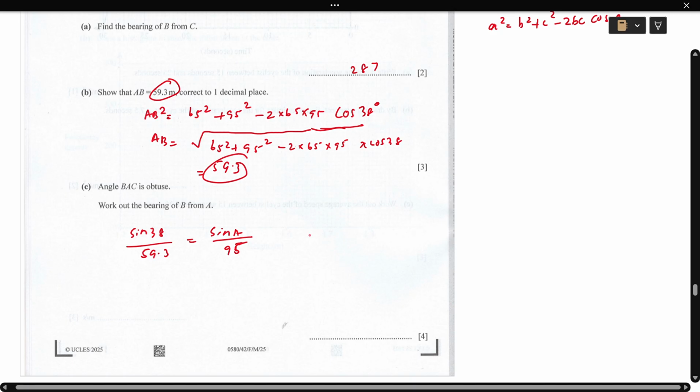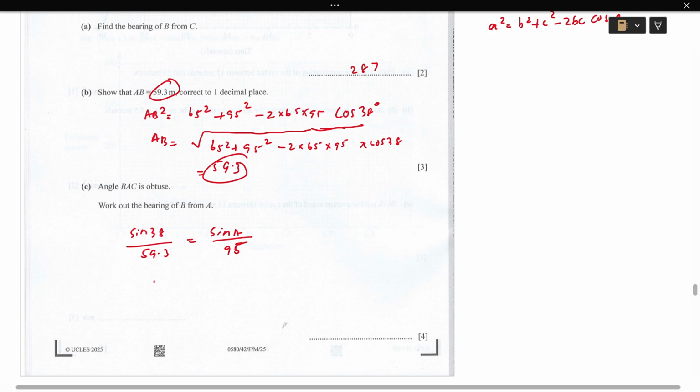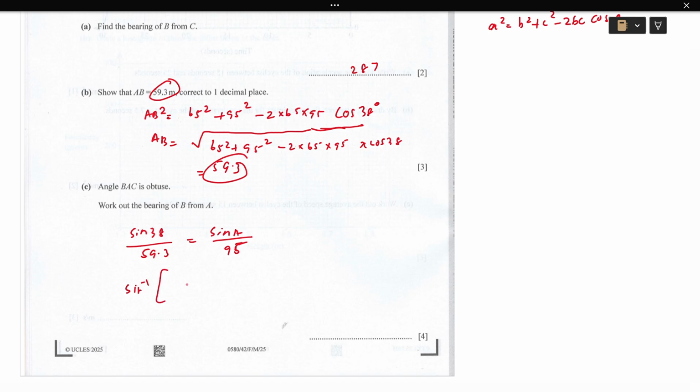So I need to calculate A. So A is sine inverse of sine 38 times 95 over 59.3, so A is going to be 80.